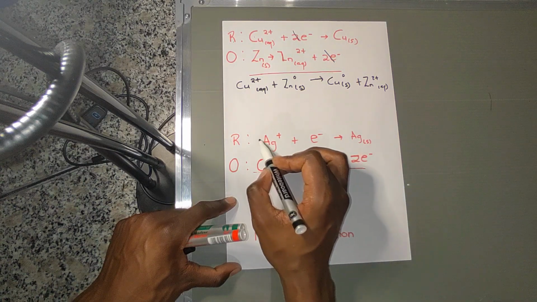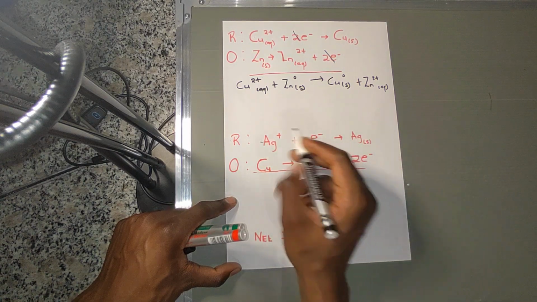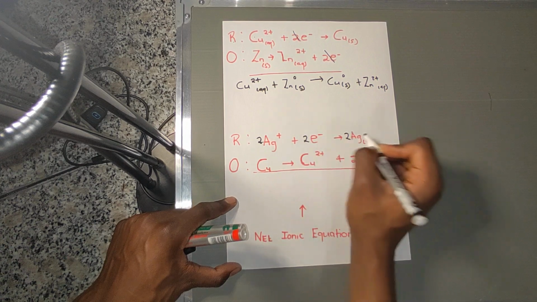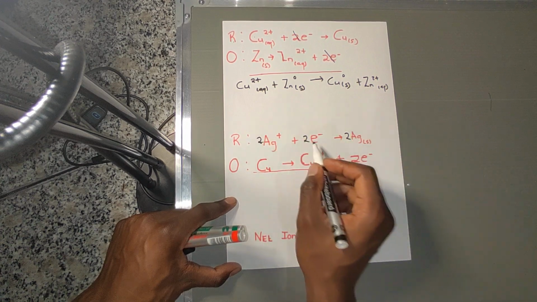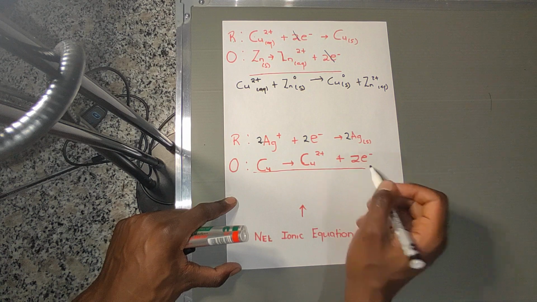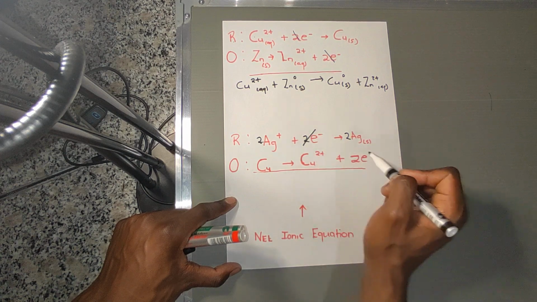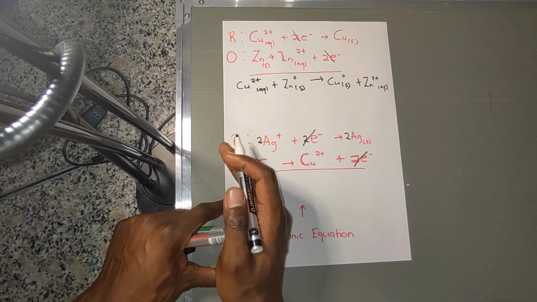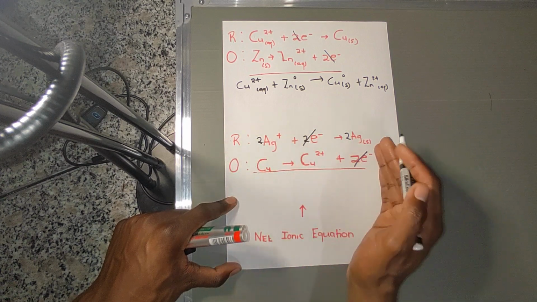So I can multiply this equation by 2, and by doing that, we're going to have the same number of electrons. Now, if I multiply the whole equation by 2, I have 2 electrons and 2 electrons. And once they are equal, they will always cancel out. Then all you need to do is write what remains on the left and what remains on the right hand side.